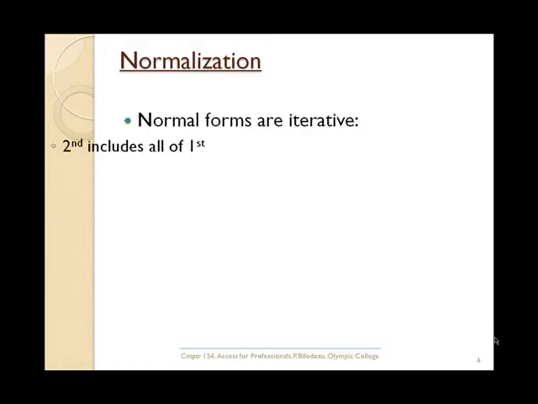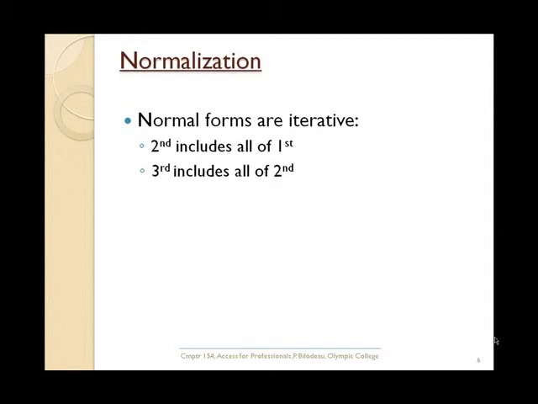Here are some rules and concepts to keep in mind when working with normalization. Each level builds upon the one before, so second normal form includes all of the constructs of first normal form plus those relevant to second. Third normal form includes all of the constructs of second normal form, which includes first normal form, plus those relevant to third, and so on.